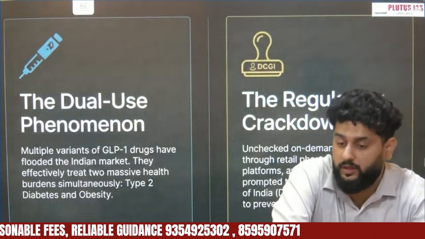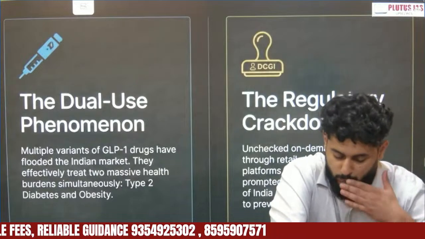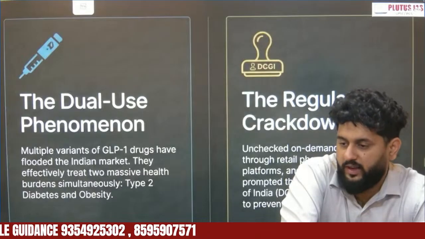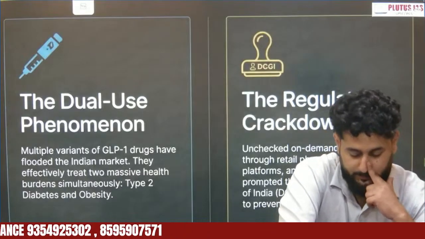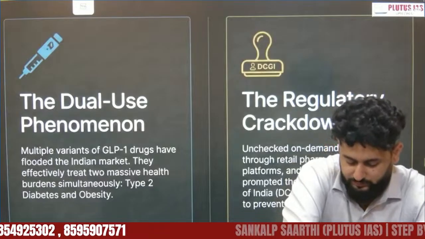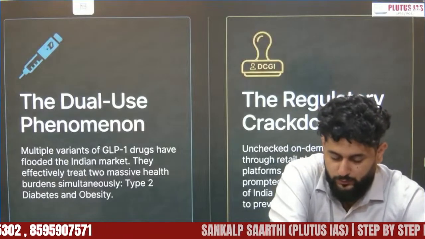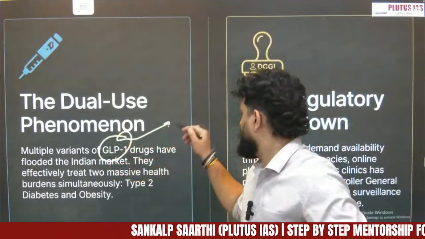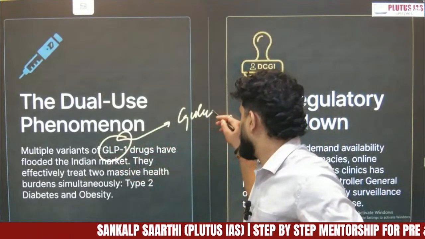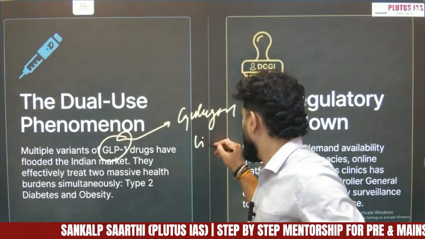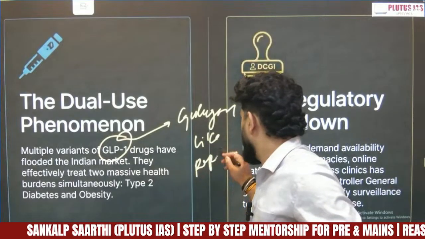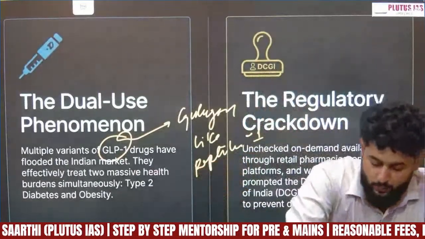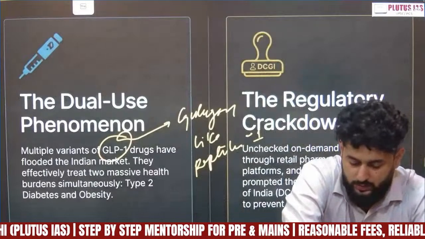The full form of GLP-1 is Glucagon-like peptide 1. What is glucagon-like peptide?